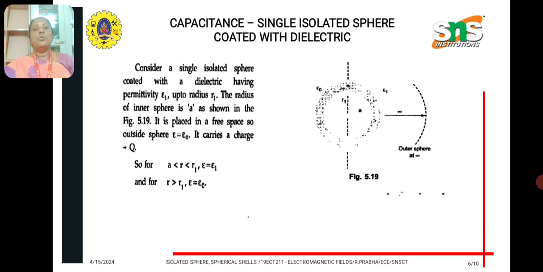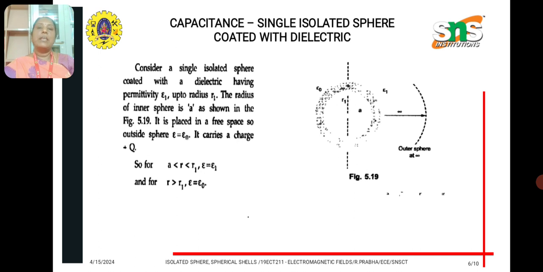So we have two limits here. One is the radius from A to R1, where the permittivity of the dielectric material is epsilon 1. And next, beyond R equal to R1, we have the air medium, because the outer sphere is at a very large distance.